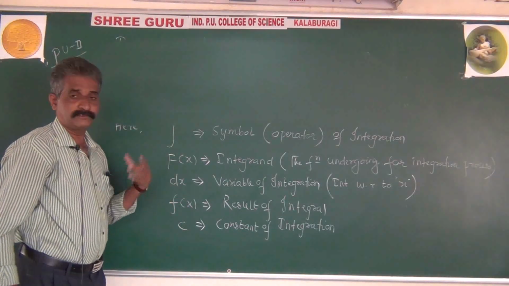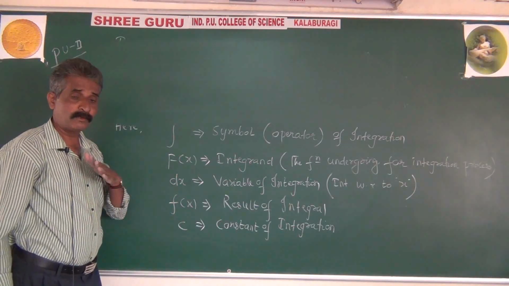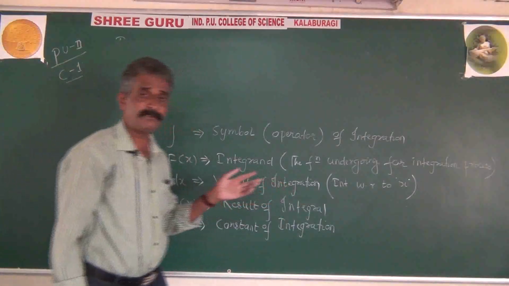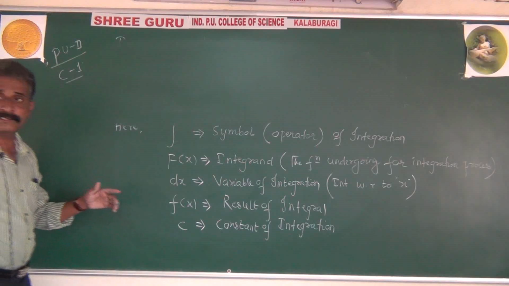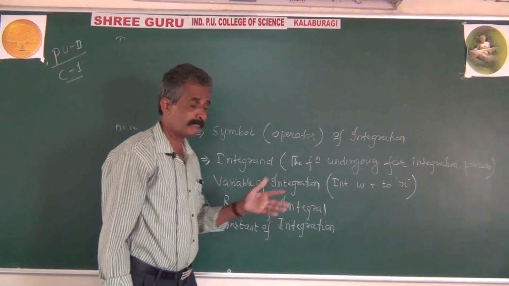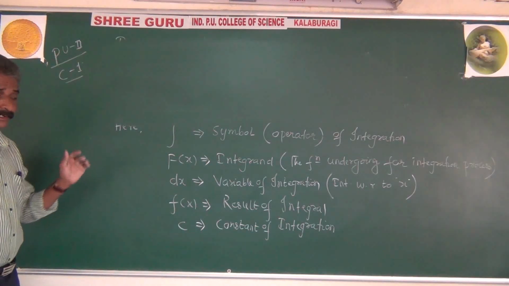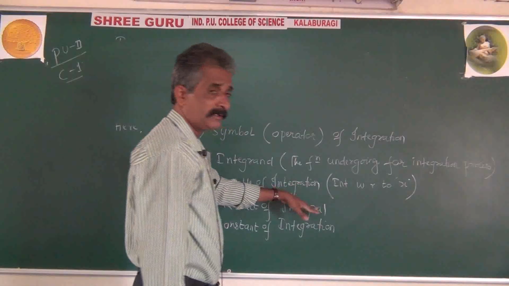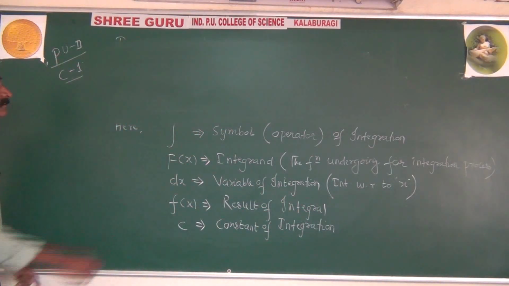Since C is an arbitrary constant, there is no fixed value for C. C may be 0, C may be 1, C may be 10. So as C is not a fixed constant, which is arbitrary, such integrals with the occurrence of constant C are called, more generally, indefinite integrals.